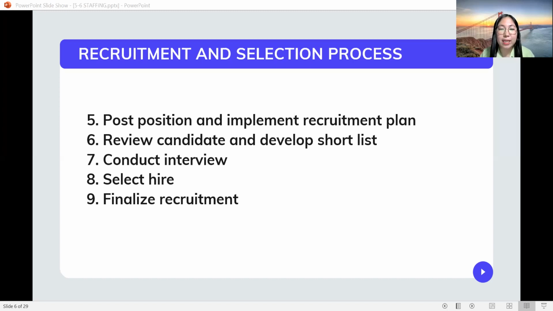And the next one is the review candidate and develop shortlist. So once the job, ito naman yung thinking ng ating organization or ng ating HR department. So once the job has been posted, candidates will apply via email or personal appearance, and the applicants are those who apply during the initial application period as described dito sa ating step 5, which is yung post position natin and implement the recruitment plan.